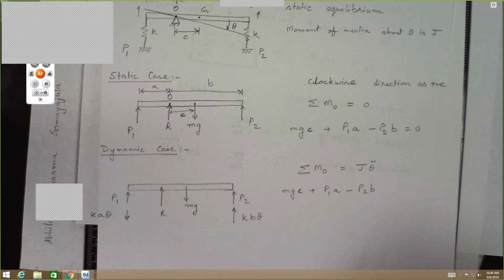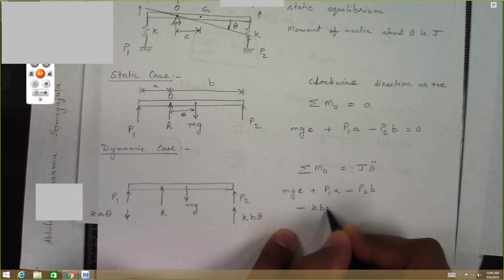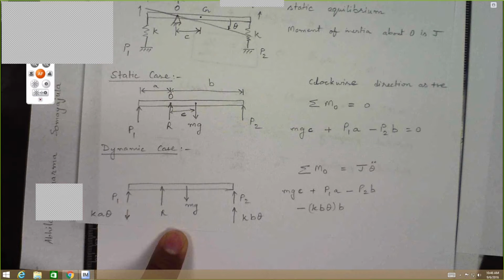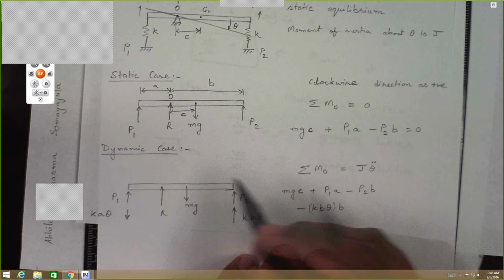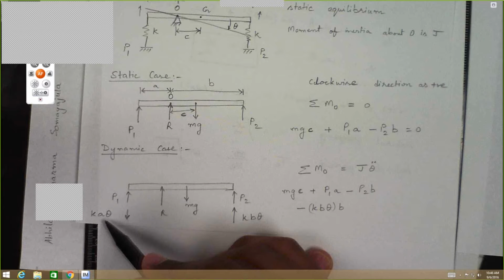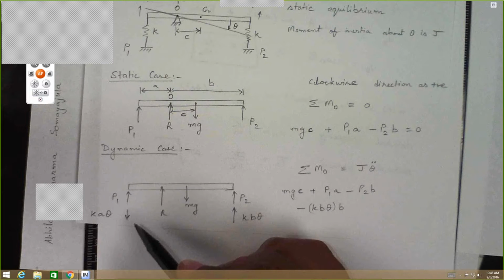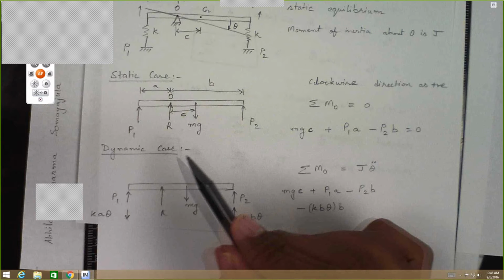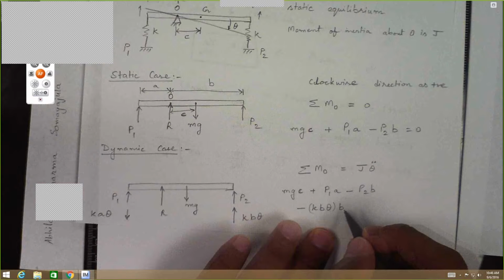But now, in addition, we have minus kb theta times b. And again, we have another force, ka theta times a, but this one is also in the negative direction because it has an anti-clockwise sense.